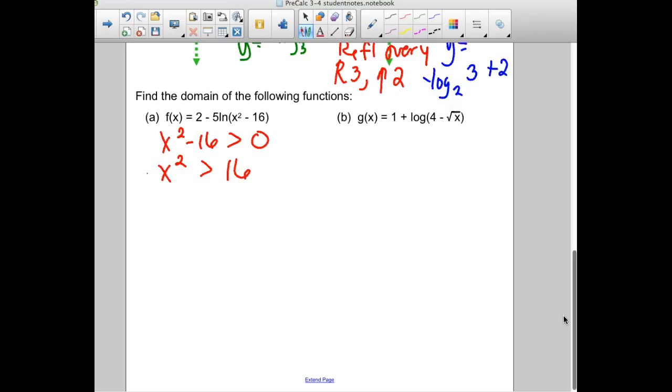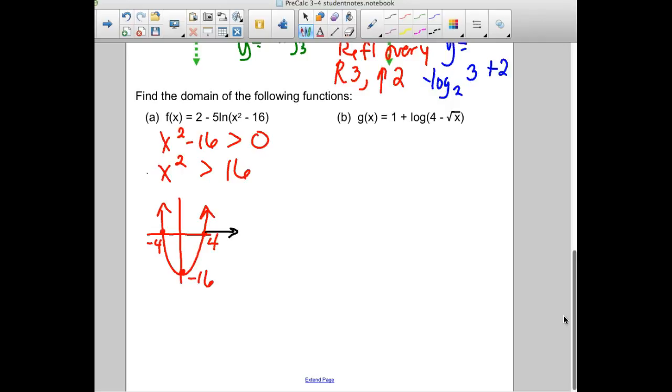On the outsides. If we think of the graph of x squared minus 16, it's just a parabola that's been shifted down 16, right? And it's going to intersect the x-axis at 4 and negative 4. So if we want to be positive, we want to be in the two parts that are above the x-axis, then we have to be on the outsides.